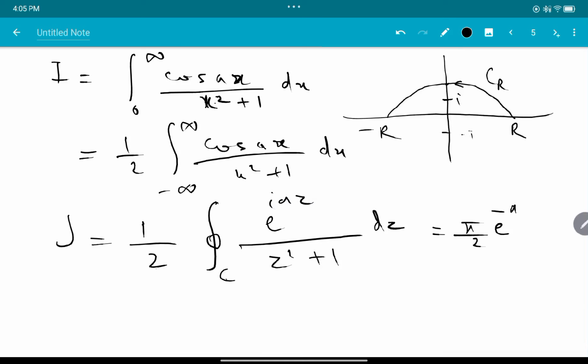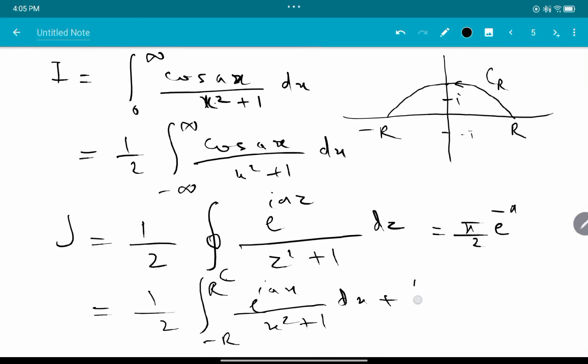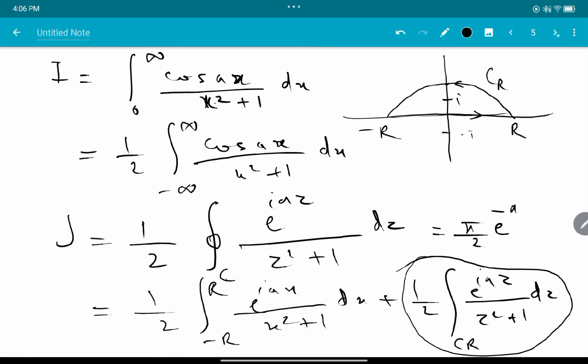Then we broke it into two: 1 by 2 from minus r to plus r of e raised to I a x divided by x square plus 1 dx, plus 1 by 2 the integral along CR of e raised to I a z divided by z square plus 1 dz. That means one part from minus r to plus r and another along CR. Now we saw that as r tends to infinity, this whole part goes to 0, and we are left with this.